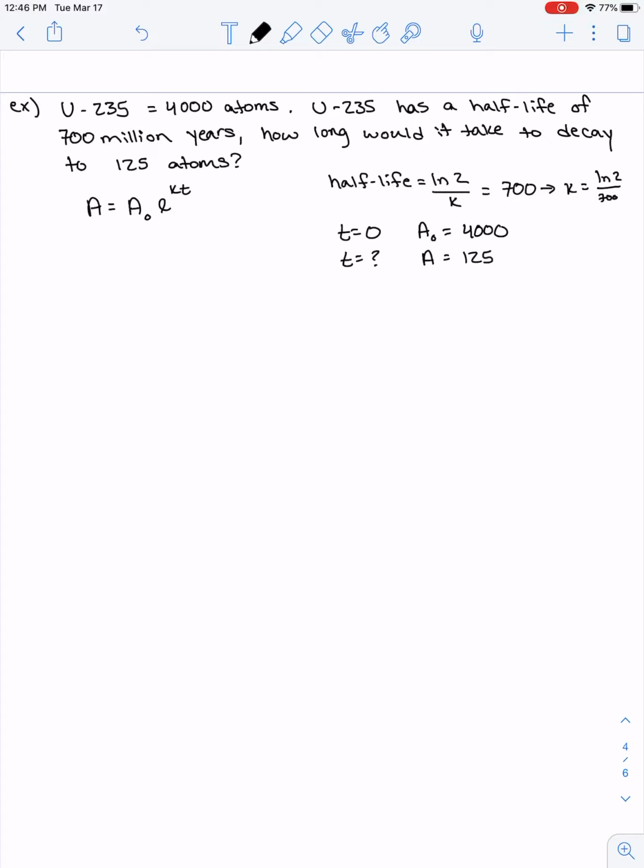Okay, so we know that A, 125 atoms, is equal to our initial number of atoms, 4,000, e to the natural log of 2 over 700 times t.